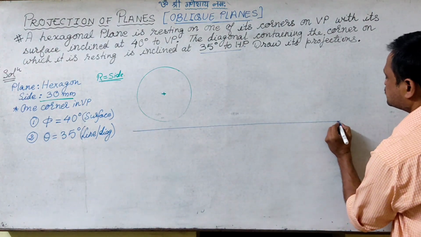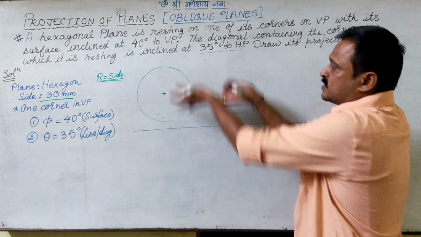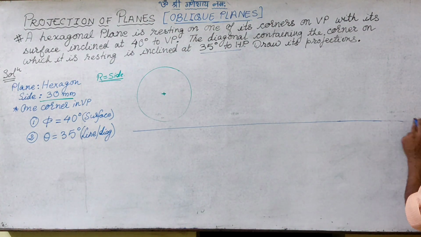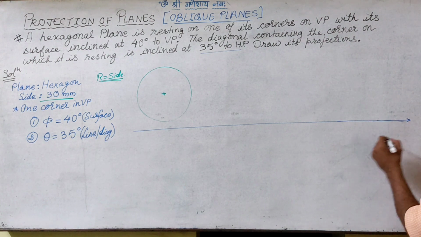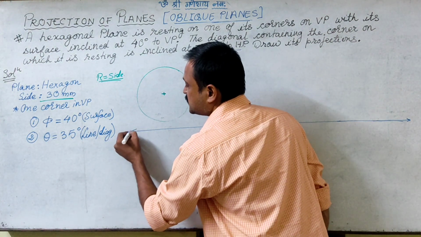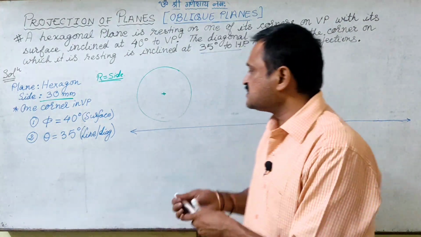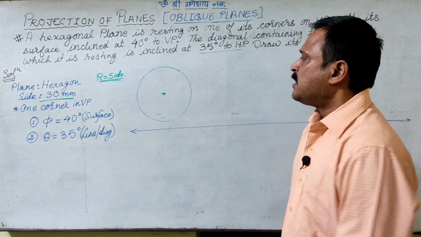Now here again it is not mentioned what the height of the center is. The distance from HP of the given hexagon is not mentioned. So we will consider it at a comfortable height.